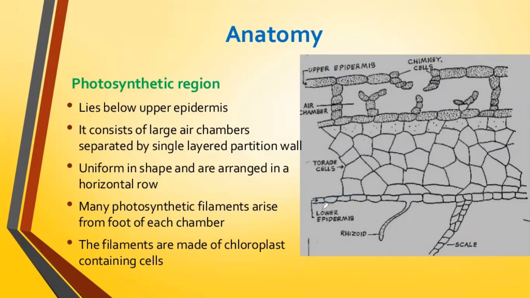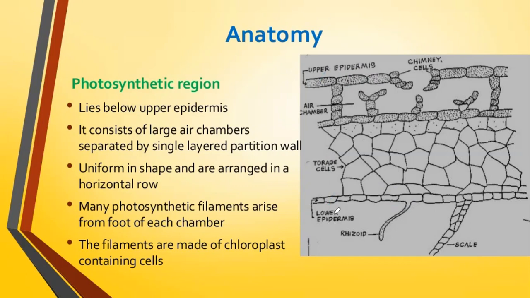You can see that there are a number of cells arranged very close to each other, but they are single layered. Even at the top, the cells are a little bit bigger, but they are arranged close to each other in a single layer.